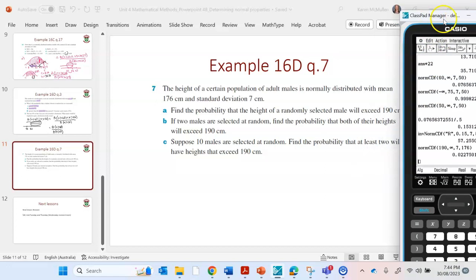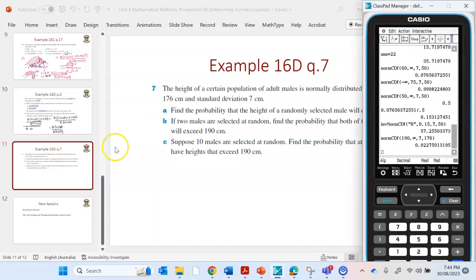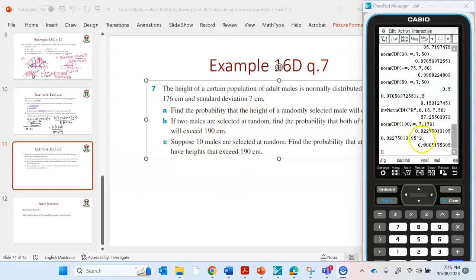If 2 males are selected at random, find the probability of their heights will exceed 190 centimetres. If we've got one male the probability of a male being greater than 190 centimetres is 0.022275. So if we want 2, we're just going to be multiplying that by itself. All right, so you can see there I've just squared it.